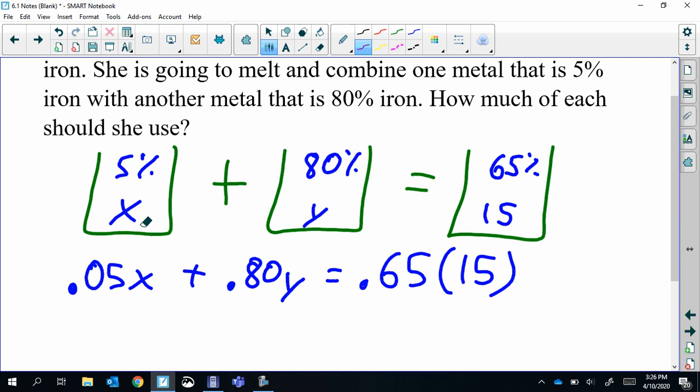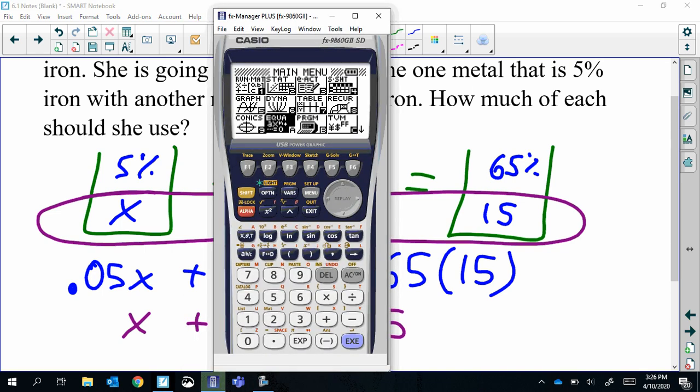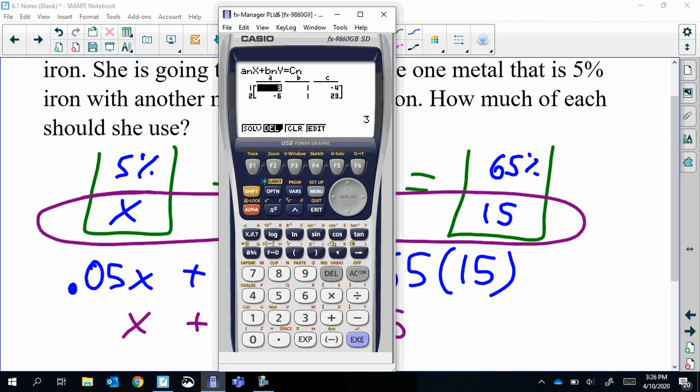And then the second equation, you just go straight across the bottom. x plus y equals 15. So this is already set into standard form, so we can go straight into our simultaneous equation solver. Two variables, just like we've been doing.